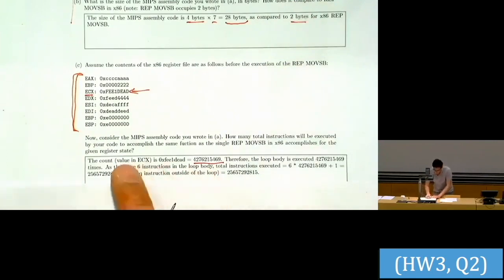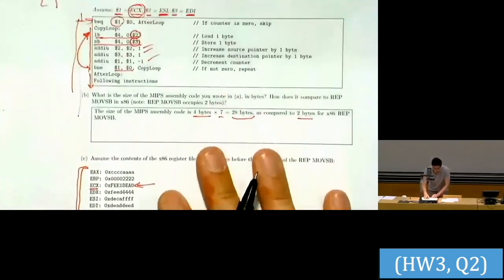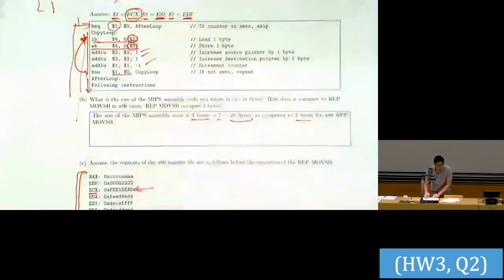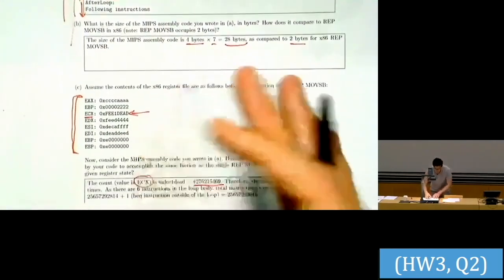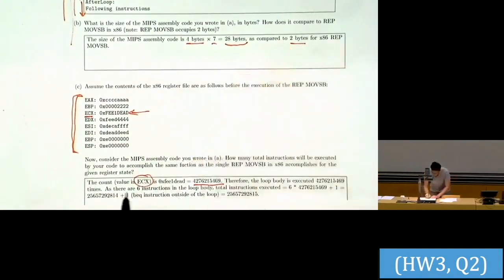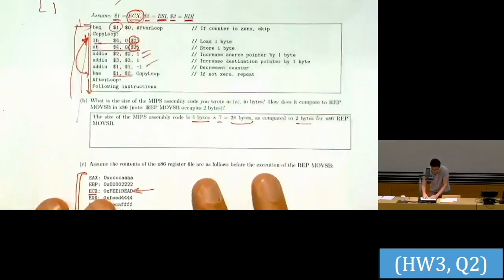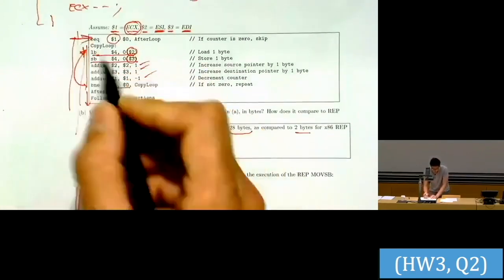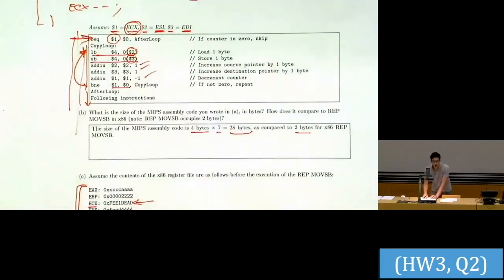Because this ECX register tells us the number of times this loop is going to be repeated, the total number of bytes that we are copying, and the body of the loop has 6 instructions, the total number of instructions executed is 6 times the value of register ECX, plus 1, because remember that in the beginning of the loop we had this BEQ instruction.